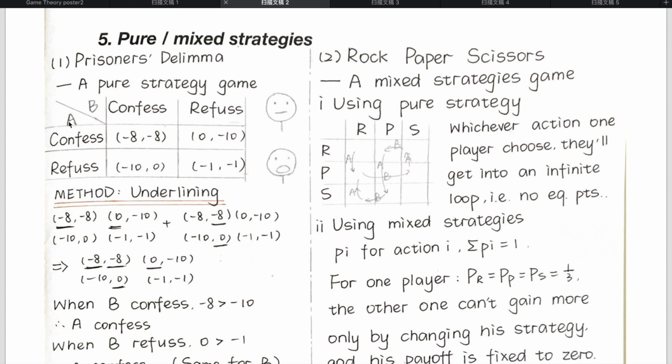For player A, if player B chooses confess, -8 is bigger than -10, so player A chooses confess. If player B chooses refuse, 0 is bigger than -1, so player A still chooses confess.